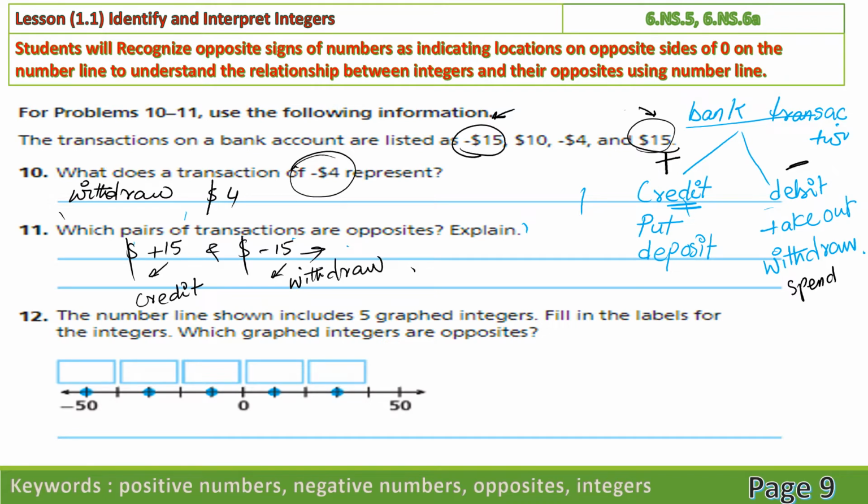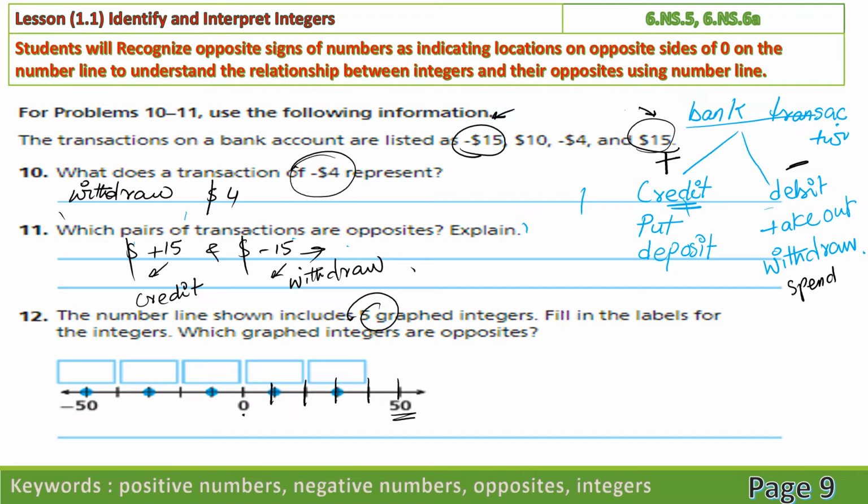The number line includes 5 graphed integers. Fill in the labels. Now look at this. This is the 0, and after 1, 2, 3, 4 and 5 boxes, 50 is written. So we can say that after 5 blocks, 50 is written.